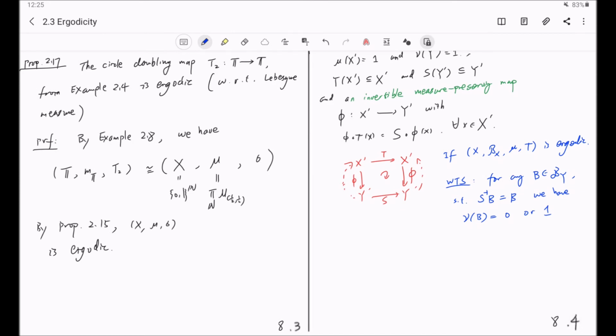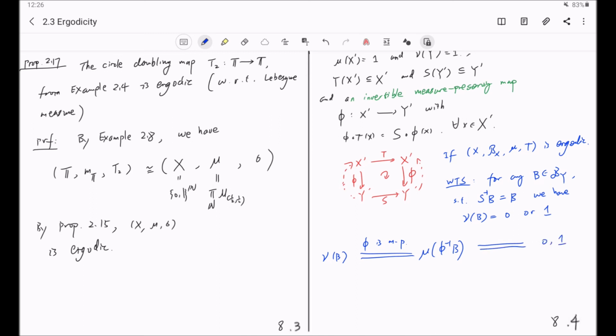Okay, to show this, you simply do it straightforwardly. You start with nu of B, and because phi is measure preserving, you have this guy is equal to mu of phi inverse of B. And this, we claim, is either 0 or 1.